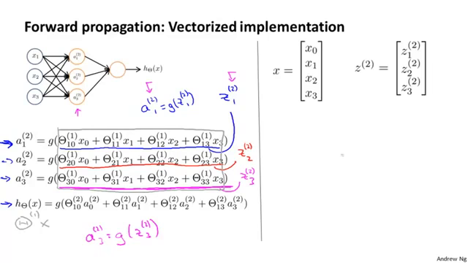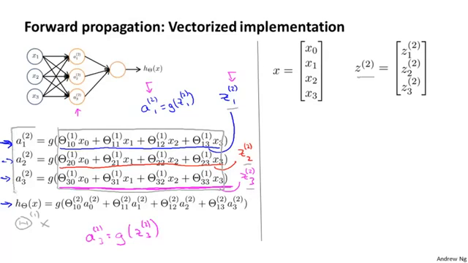Concretely, let's define the feature vector x as usual to be the vector of x0, x1, x2, x3, where x0 as usual is always equal to 1. And let's define z(2) to be the vector of these z values: z_1^(2), z_2^(2), z_3^(2). Notice that this z(2) is a three-dimensional vector.